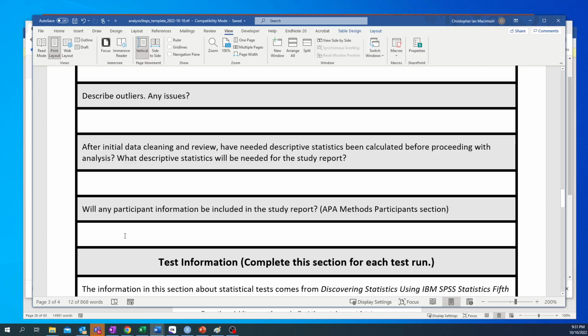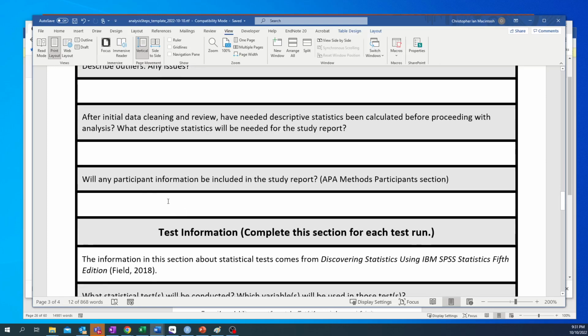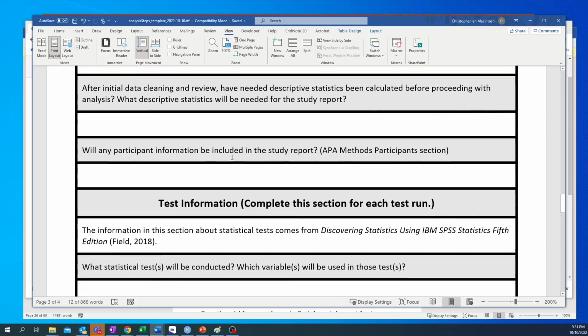Also, if the study involves people, you're going to look at a participant section, which is often reported in the methods section of a paper following APA guidelines. So those are all good things to look at when looking at the data set.